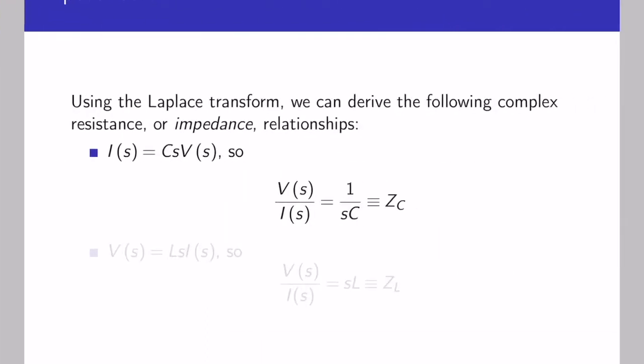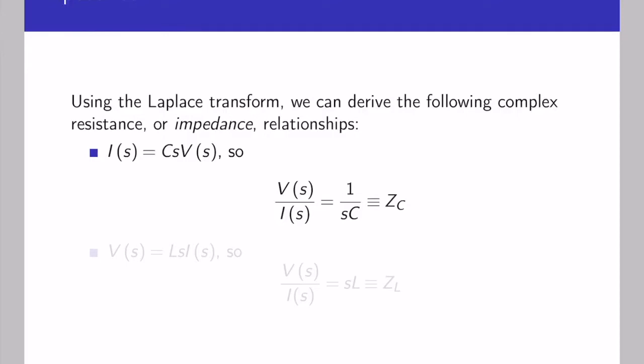So if we use Laplace transforms, it's a little bit easier to write this information. We can derive the resistance. We call it the complex resistance or the impedance. And so we can write that I(S), where S is the Laplace transform variable, is equal to C times S times V(S). So if we write the ratio of V(S) to I(S), we see that V(S) over I(S) is equal to 1 over SC.